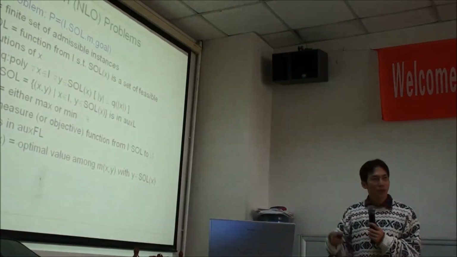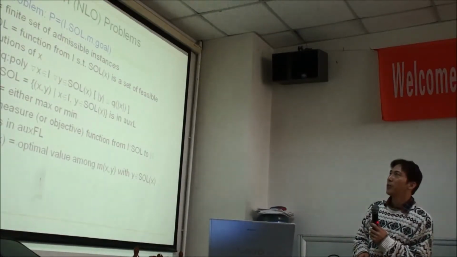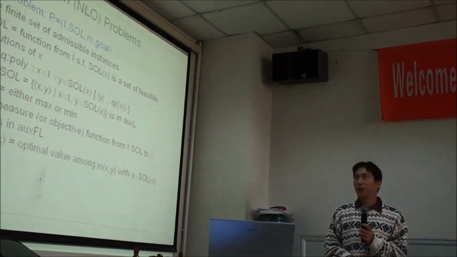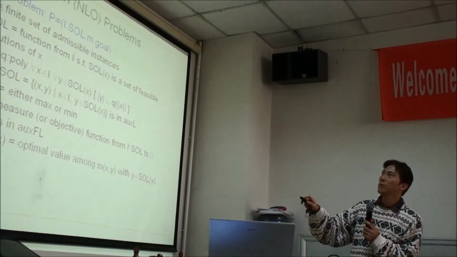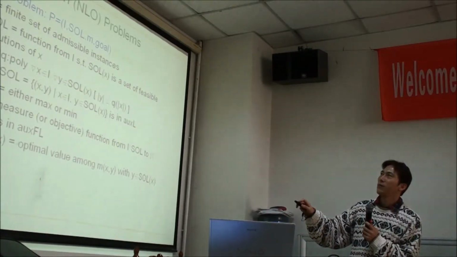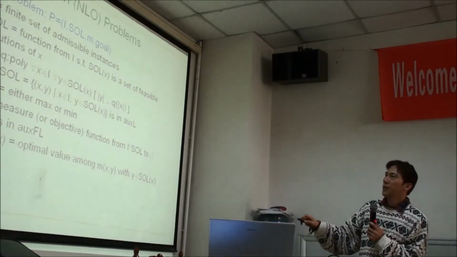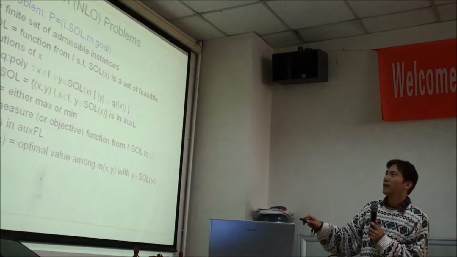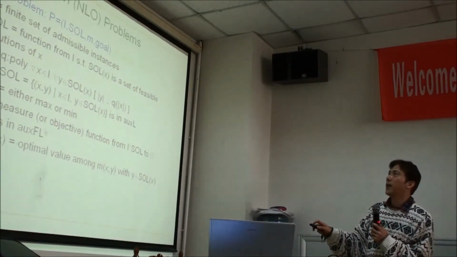So now we go ahead into optimization problems. The NLO optimization problem is similar to the NPO problem. We simply use L instead of P. This is the very standard formalization of an optimization problem.